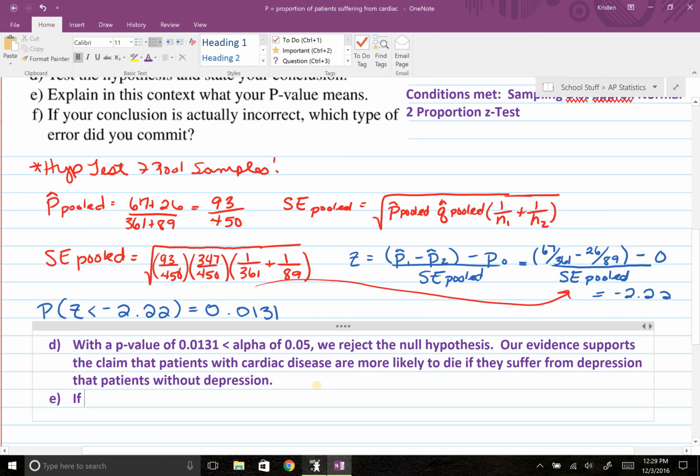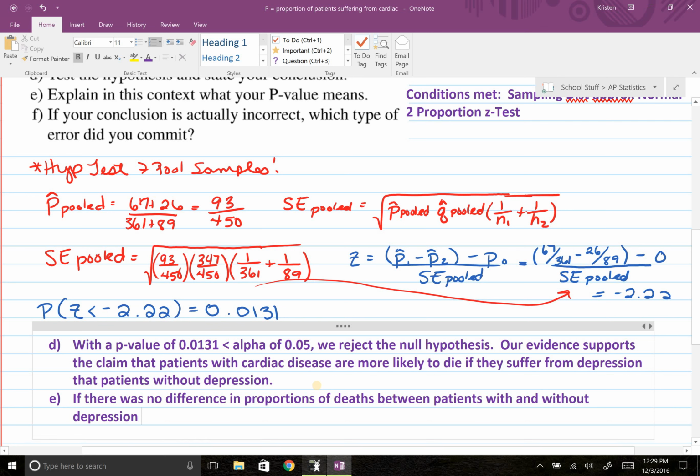So we could say if there was no difference in proportions of deaths between patients with and without depression, the likelihood of seeing our results, our sample, is 0.0131.